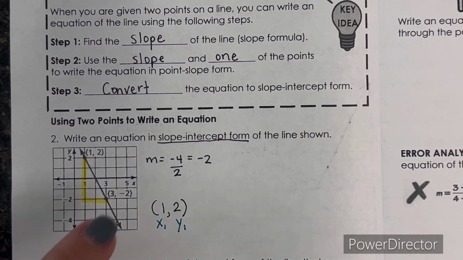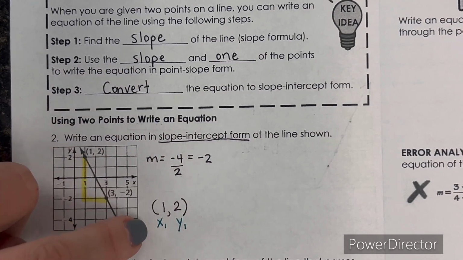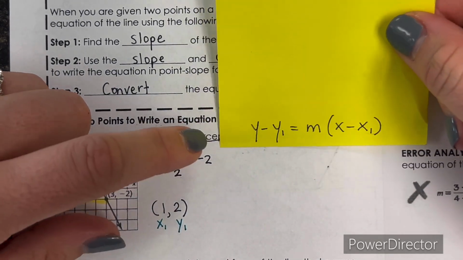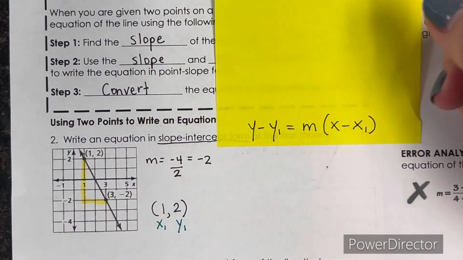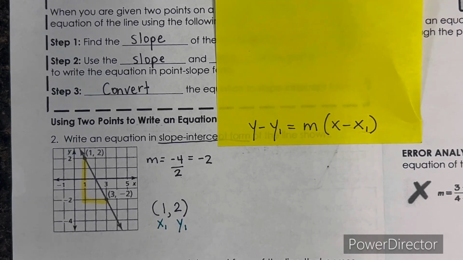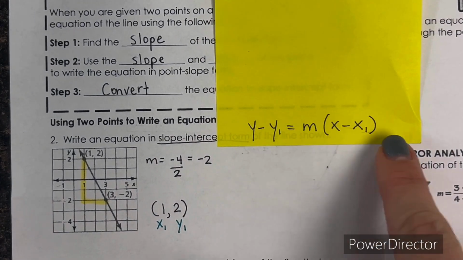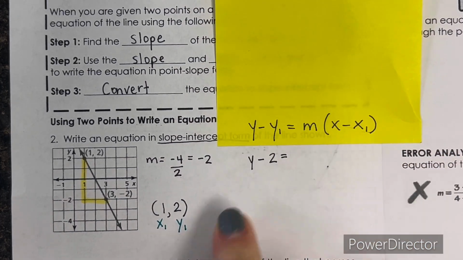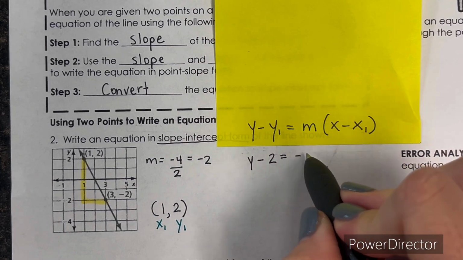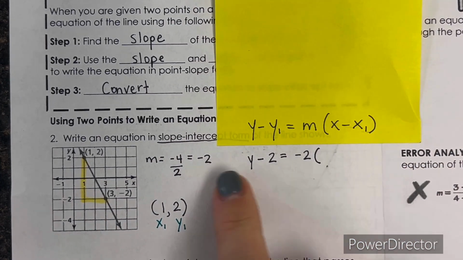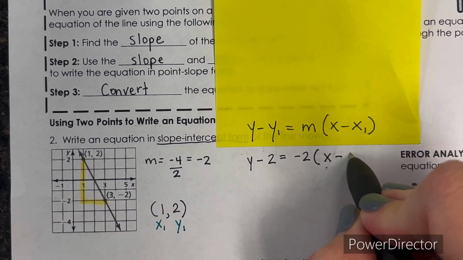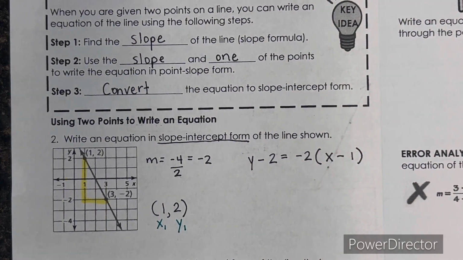Because now I have to take the slope and your ordered pair and plug it into point slope formula. Here's that formula, so that way you're not having to flip back and forth to the front. All I'm going to do right now is take these numbers and plug them into their correct spots. So I have y minus 2, because that was my y1, equals -2, that was my slope, times x minus, and then x1 is a 1. That is step 2, is just plugging it in.